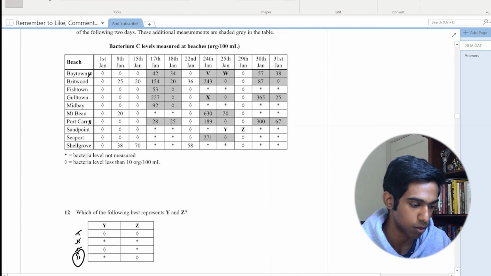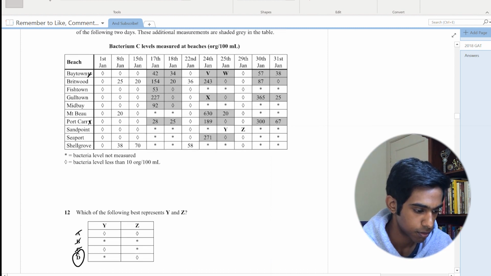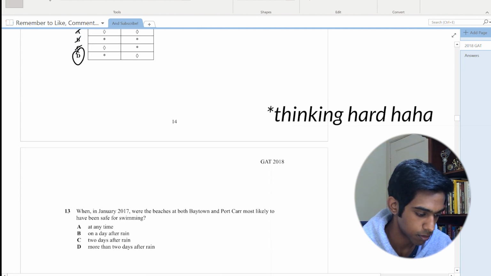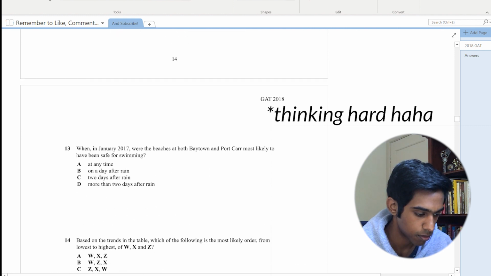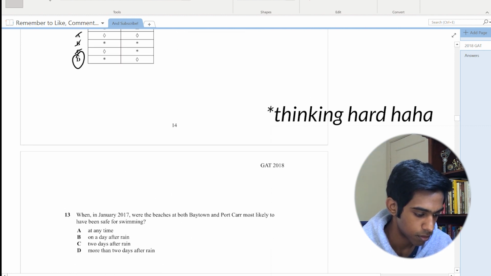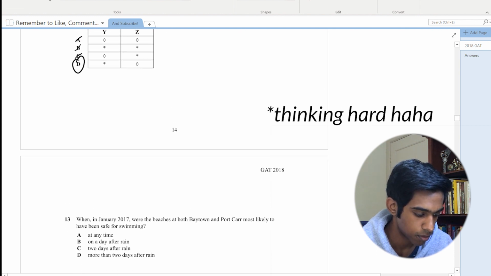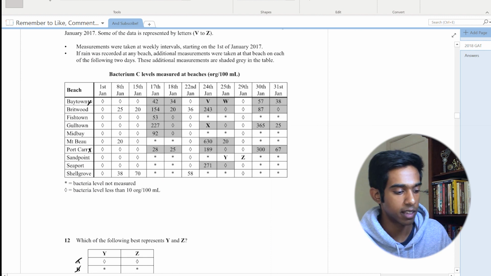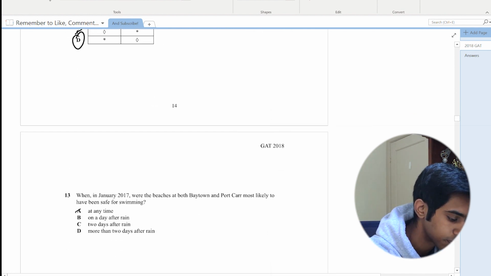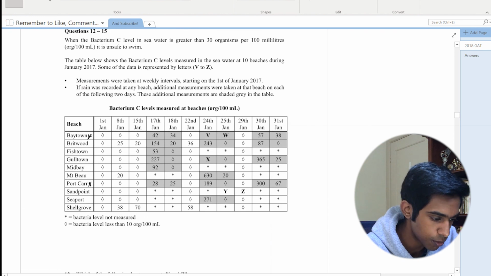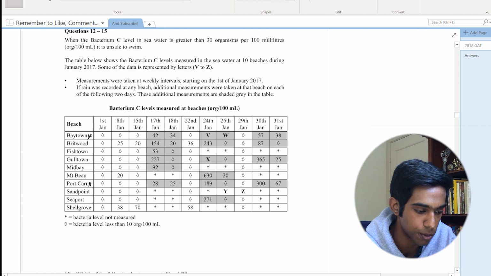So what I'll have a look at is Baytown as well. So they're safe when the bacterial level is less than 10 organisms, and that occurs not at any time, so it's not going to be A. On a day after rain, to reread this, if rain was recorded at any beach, additional measurements were taken at that beach on each of the following 2 days.